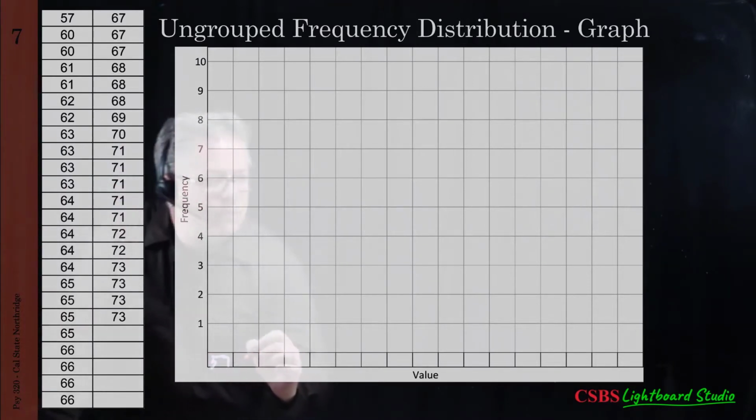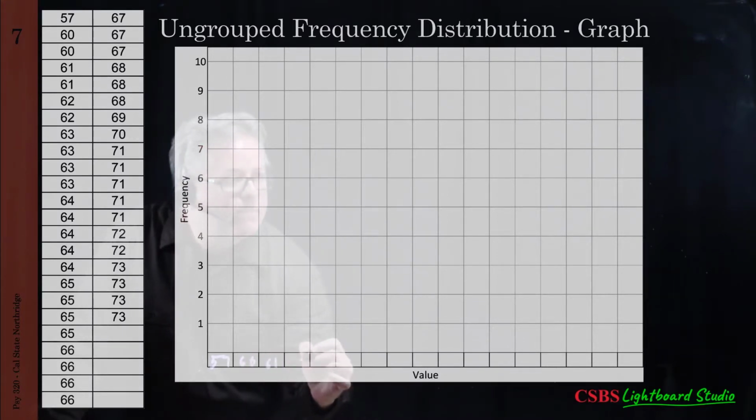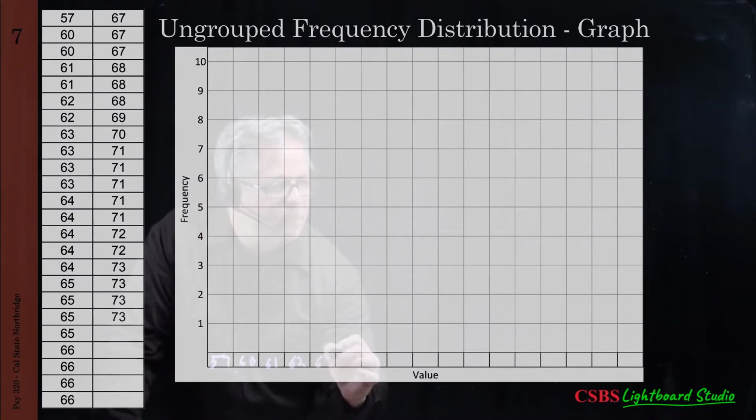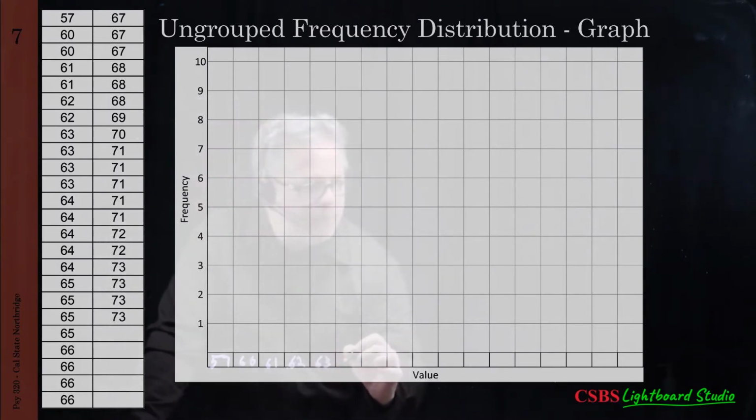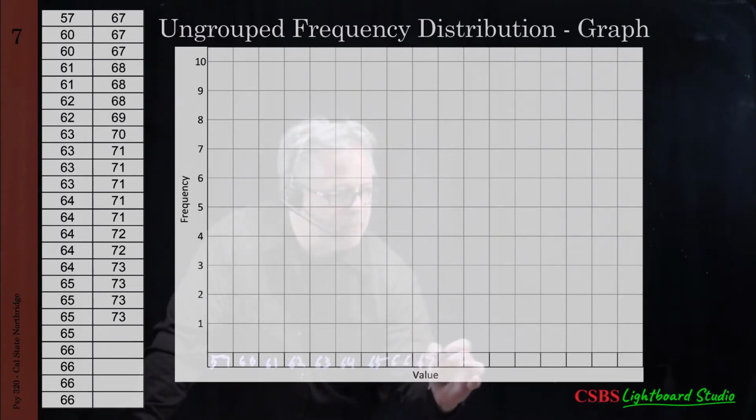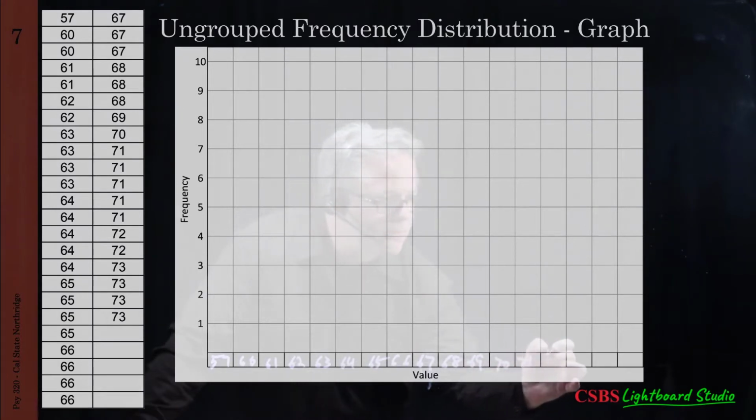57, let's make sure I don't skip any this time. 60, 61, 62, 63, I think the rest of it should go pretty much the rest of the way. 64, 65, 66, 67, that's a horrible 67, you can't see really. 67, 68, 69, 70, 71, 72, 73.